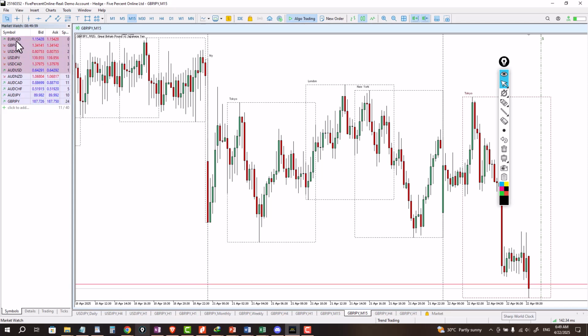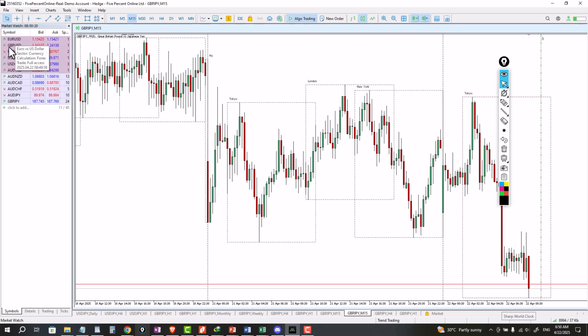So in this case, remember what I told you earlier on. The first currency in a currency pair is known as the base currency, while the second currency is known as the quote currency. So for this particular currency pair, the Euro USD, the base currency, which is the first currency in the pair, is going to be the Euro, while the quote currency is going to be the United States dollar.